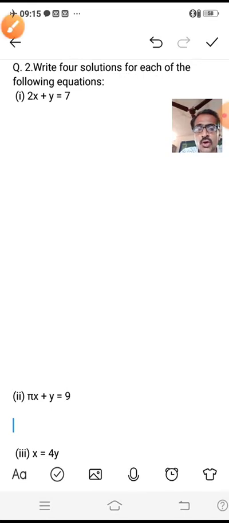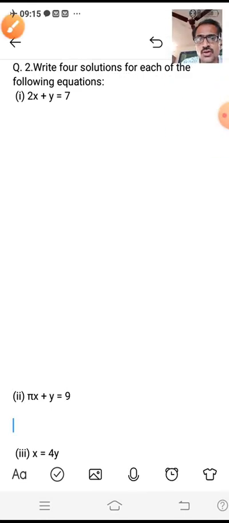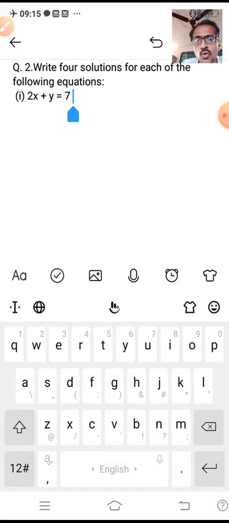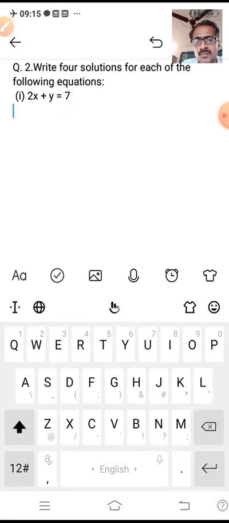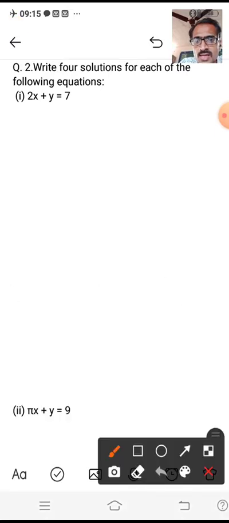See, to simplify this, first of all we will make that variable the subject which has coefficient 1. If you look now, the coefficient of x is 2 and beside y nothing is written, that means its coefficient is 1. So whatever variable has coefficient 1, we will make that variable the subject.